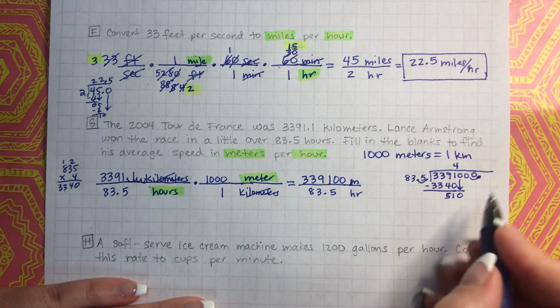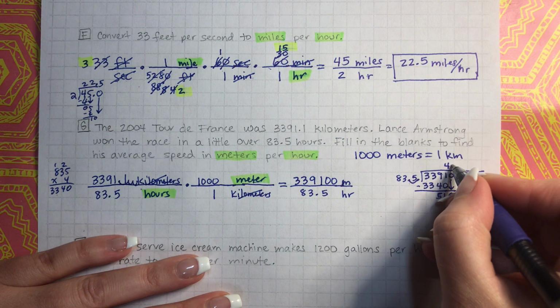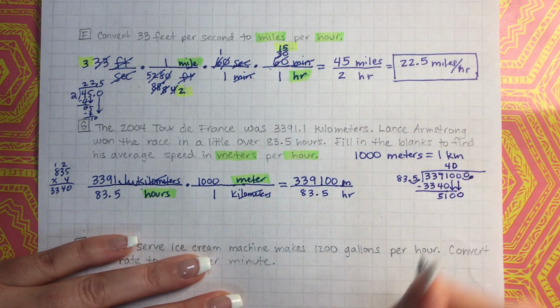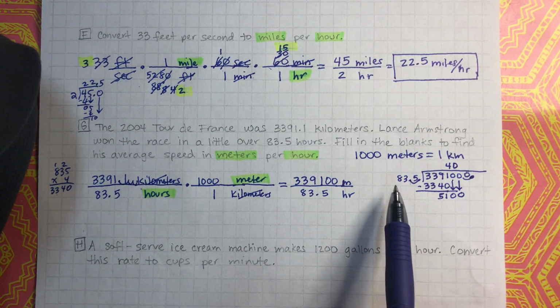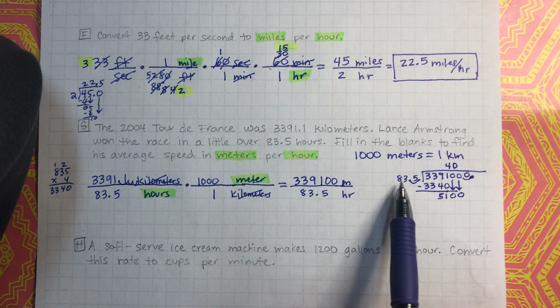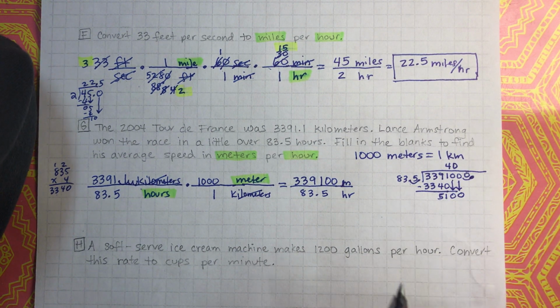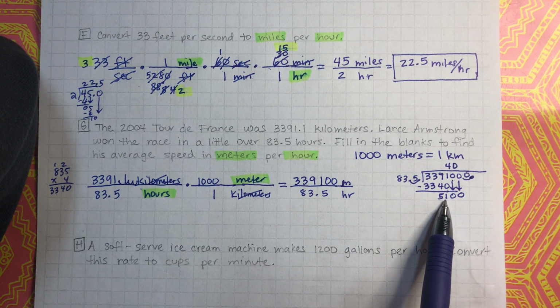And does 835 go into 510? No, it doesn't. So we put a 0 above the 0. And then we take down another 0. And yeah, let's see here. Does 835 go into that? Yes, it does. So I want to think about the 8 and 51. How many times does 8 go into 51? Well, 8 would go into 51 like 6 times, because 6 times 8 is 48.